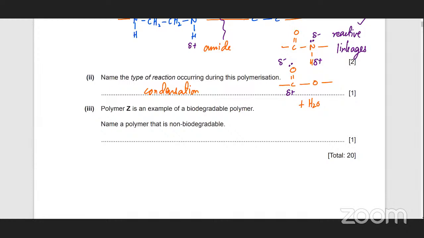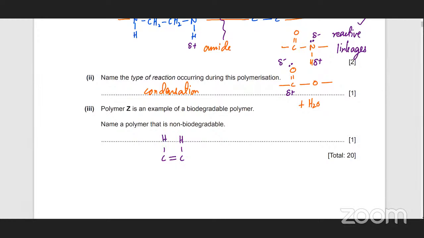Okay, so they are the ones that are not biodegradable. Just one second. So they're the ones that are not biodegradable because they are basically carbon chains, and carbon chains are relatively strong.